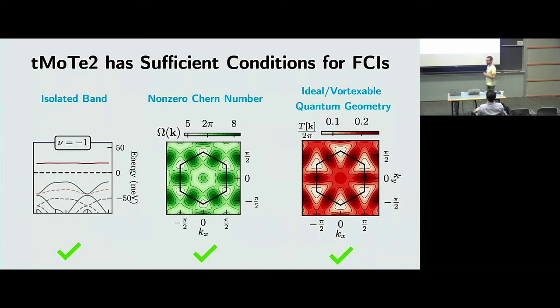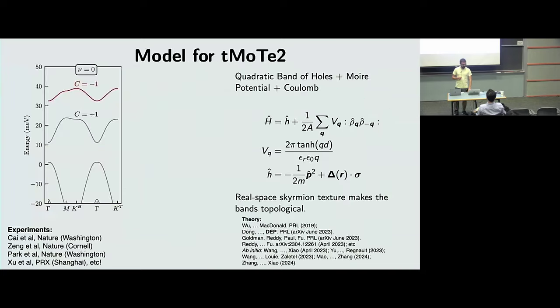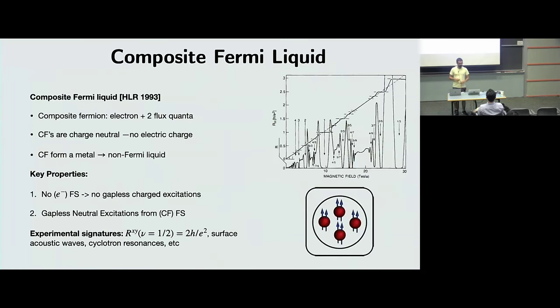And so based on these three criteria being satisfied, we expect lowest Landau level physics to appear. And, you know, this is postdicting the experiment, so it's no surprise that from that perspective, fractional Chern insulators were seen. But where I want to go with this is one step further, which is to go to half filling.